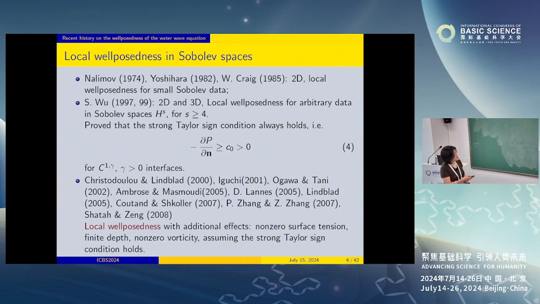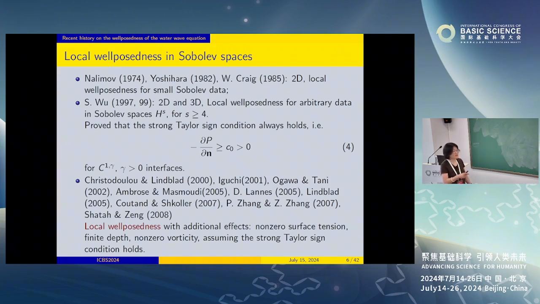Yoshihara is also small data, but there's a fluid bottom that does not interact with the interface, okay? So in 2D, for small data, you can solve the equation for a short period of time, okay? In our work, we showed that the smallness can actually be completely removed.